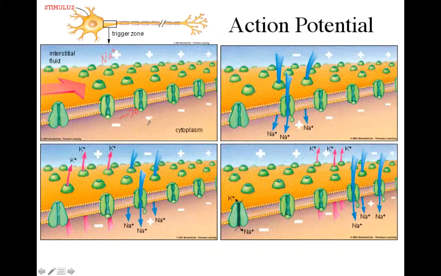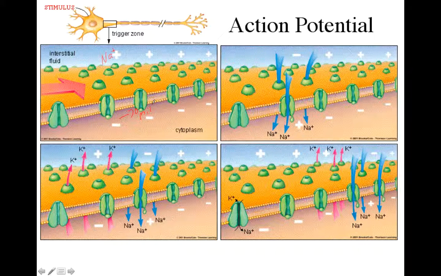Okay, so if we get enough stimulus, so something stimulates this axon, if it's enough, the sodium channels will open, but you don't reach that threshold stimulus until you get to -55 millivolts.